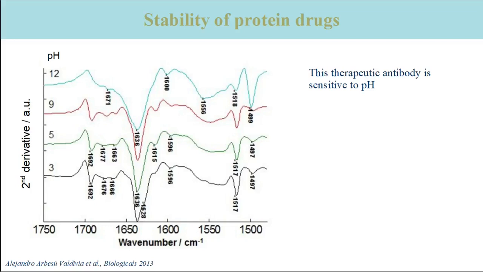Second derivative spectra of an antibody at different pH values are shown. The spectrum at pH 12 on the top is clearly different from the spectra at other pH values. Also at pH 3 there is a change at 1628 reciprocal centimeters here, likely due to aggregation of the protein. Thus, the structure of this antibody is affected by the pH value.